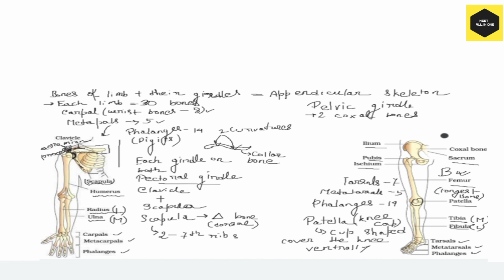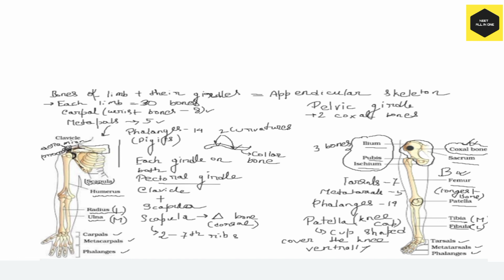See, this is the bone I was talking about. Each of these bones is made up of fusion of three bones. What are those three bones? These are the three bones. Ilium, ischium, pubis. These three bones make up this total bone.